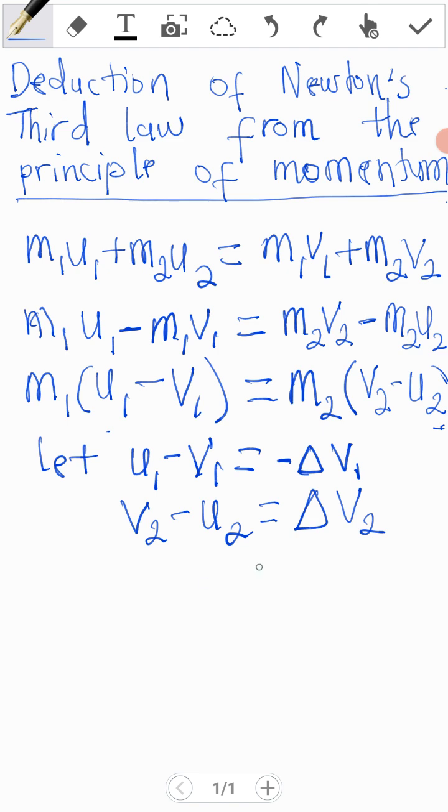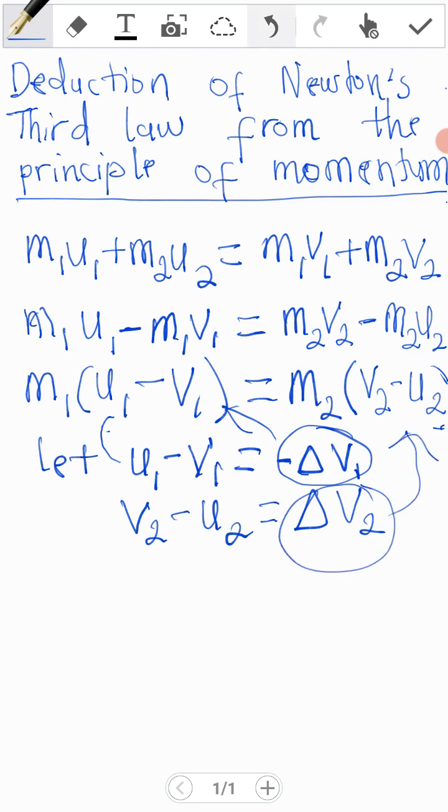Okay, so now that we know the negative change in velocity 1 and change in velocity 2, we can proceed and just substitute. So we substitute this right here, then we substitute this here.